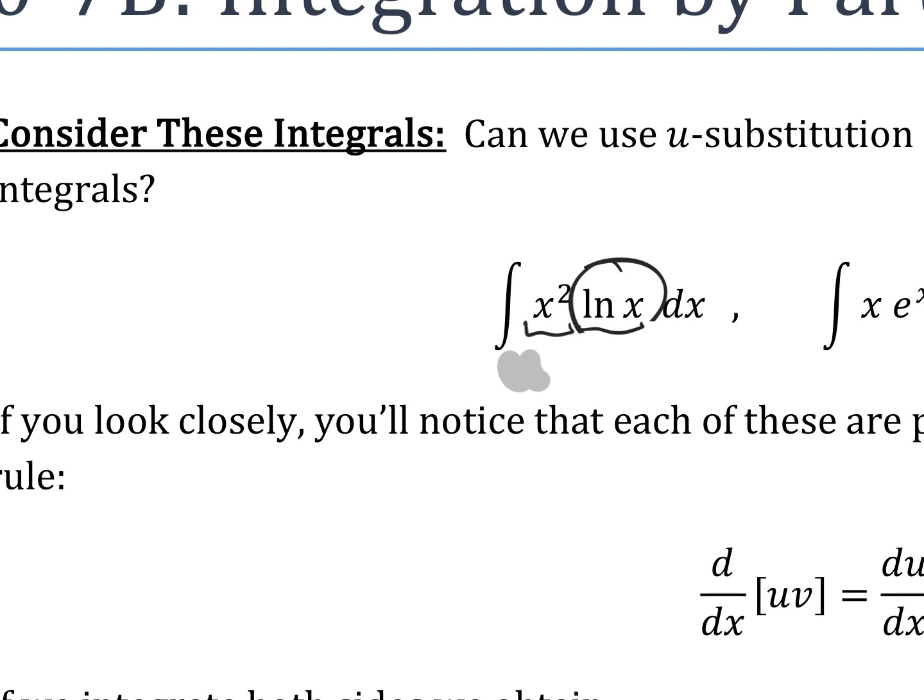So what about if we say u is the natural log of x? Well, then du is the derivative of natural log, 1 over x dx. That doesn't work either. So we should be convinced, it was a good thought, but it doesn't work.